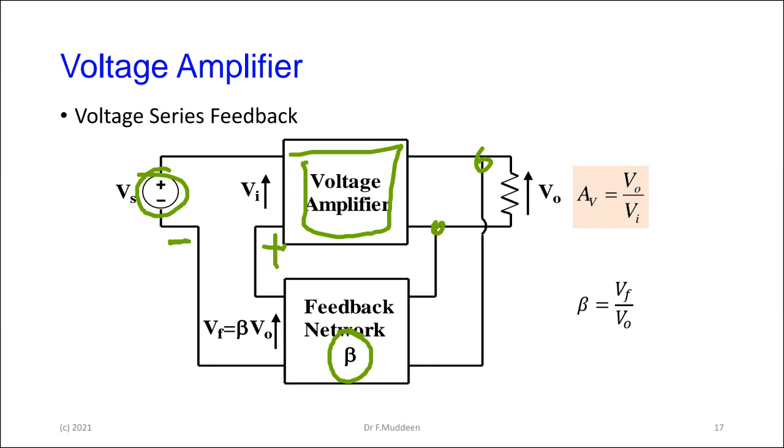This is kind of like the G and H that we did when we were talking about block diagrams. So the transfer function for H, beta, is really VF over V out.